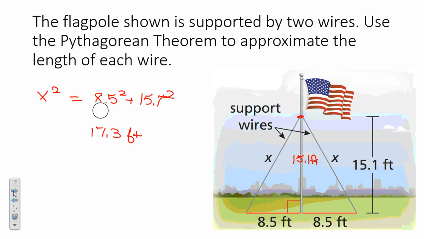So 72.25 plus, okay, and so that's 300.01, right, is equal to our x squared, so we square root. 0.06, thank you, and 17.31 is about equal to our x.